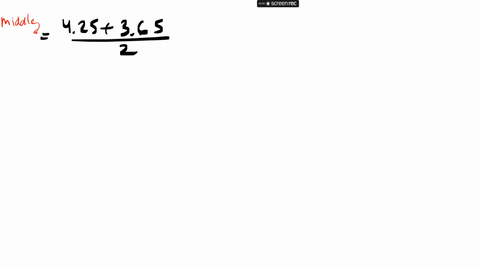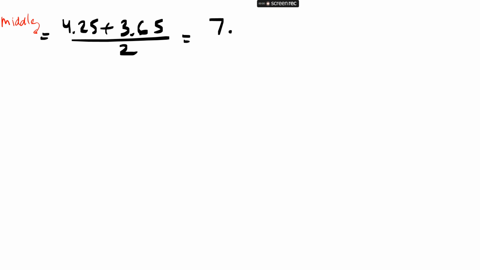All right, I'm going to try my hand at it as well. So let's go for it here. So the M, I'm going to put M as the middle. The middle point: maximum plus minimum divided by 2.